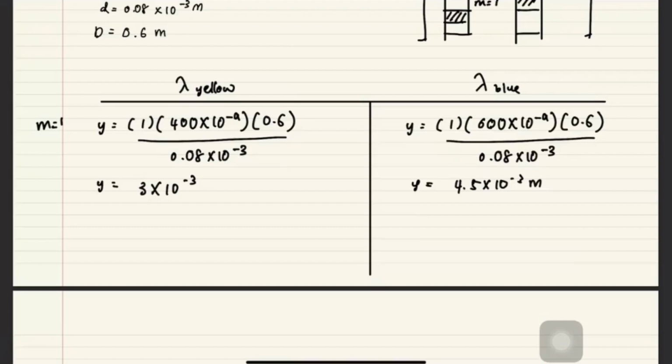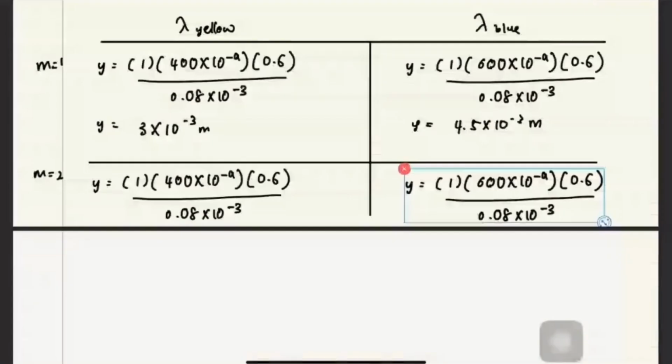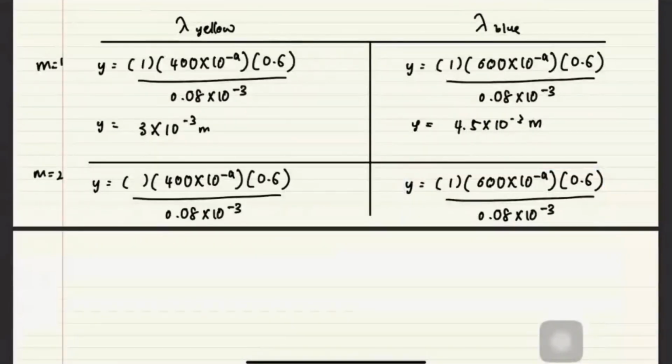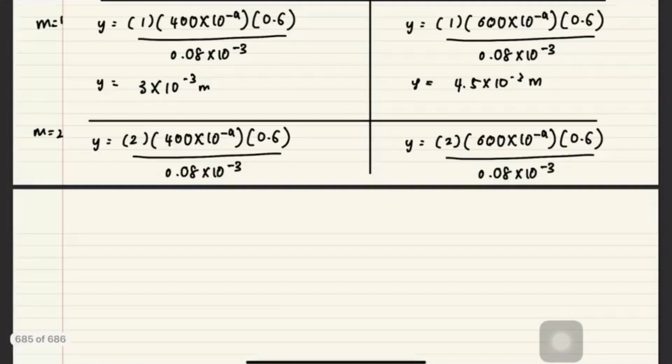So when m equals to 2 pula. Okay. Bila m sama dengan 2, basically you just use the same equation. Cuma sekarang kamu masukkan m dia sama dengan 2. Okay. If you calculate, dia sebenarnya adalah twice daripada yang asal lah, which is 6 lah.